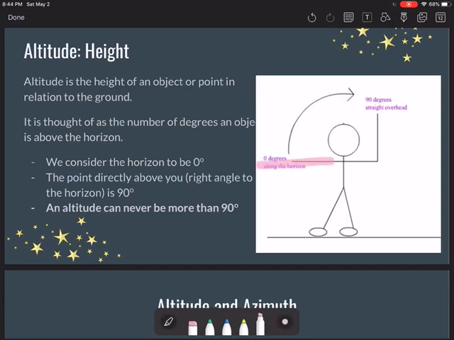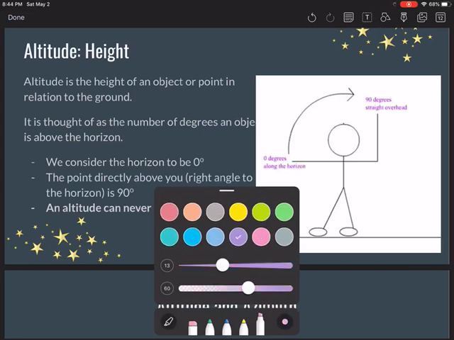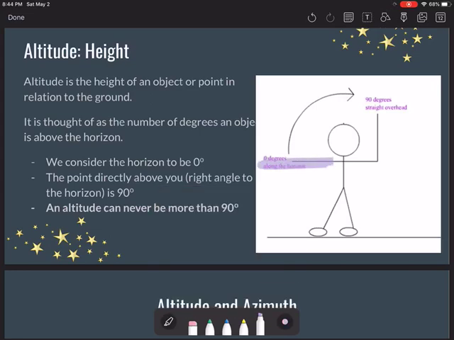So if this is 0 degrees from my perspective, I'm going to use a different color. You're right, the pink has already been there, done that. So if I'm looking this way, and this is 0 degrees, and I'm looking straight up, and this is 90 degrees, why can't I continue going around and say, well, this is 180 degrees? Well, the reason being is if I'm facing this way, I'm going to be looking at 0 and 90. I'm not going to tilt my head all the way back to look behind me.